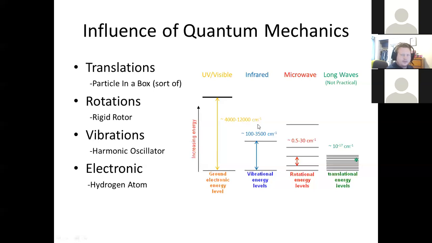Chemists really like to use wave number as a unit of energy. If you're a P chemist, you probably use EV a little bit more, just because we're almost always talking about electronic, and we like to have nice numbers that are single digits. But in general, wave number is probably the most common unit of energy that chemists use to describe these sorts of things. But essentially, you have this 4,000 to 12,000 wave number gap in energy.